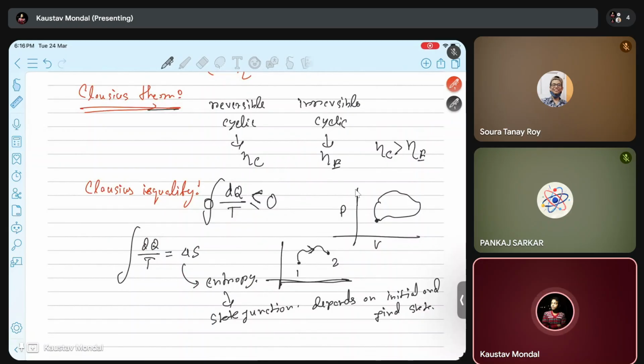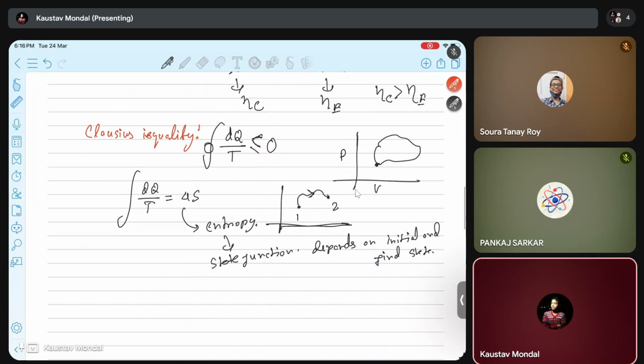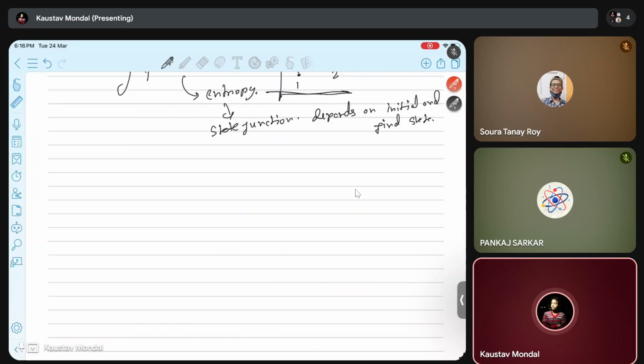Now for this class we will start from the case of the reversible heat engine and the irreversible heat engine.